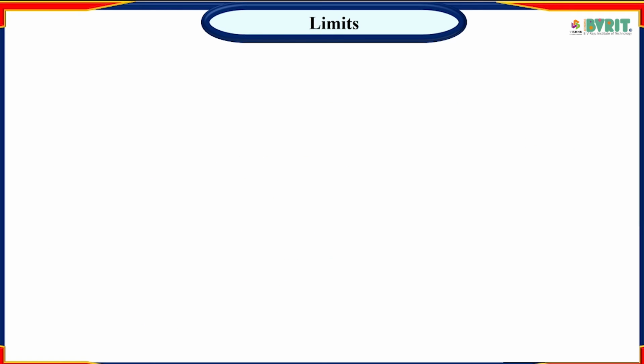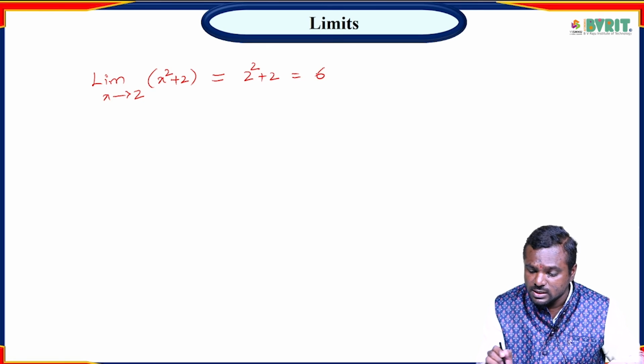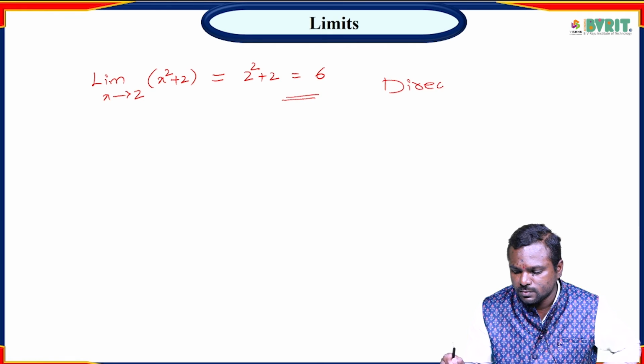So directly, the limit x tends to 2 of x square plus 2: substitute x is equal to 2, that is 2 square plus 2, which is equal to 6. This method is called the direct method.